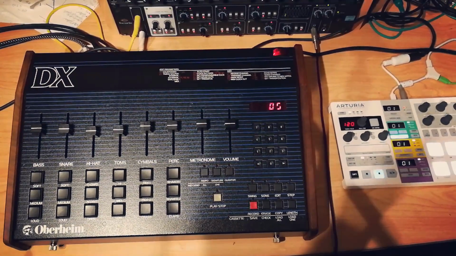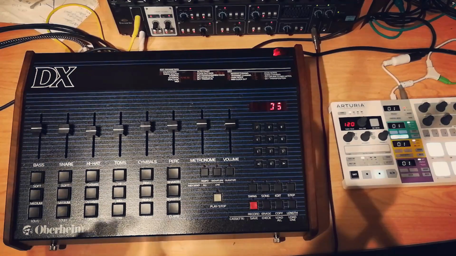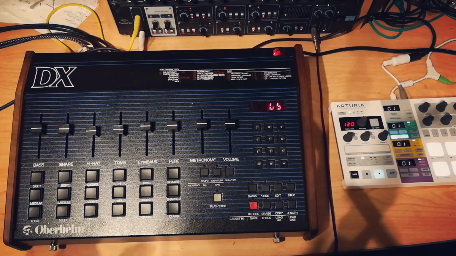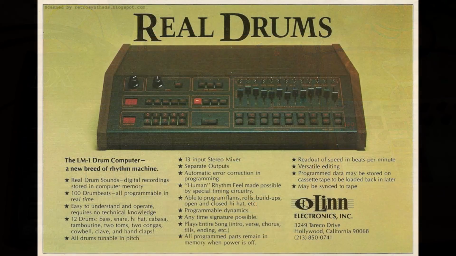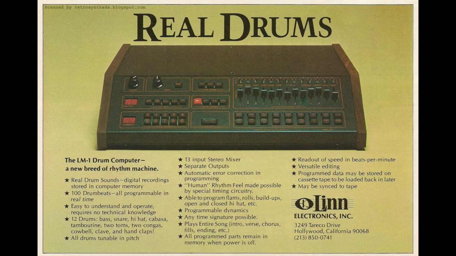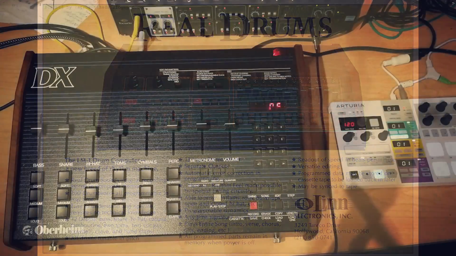But that's not it. You can tune these, which is what makes this Oberheim DX and the Linn Drum that came before it, which was the first commercially available digital drum machine, so cool. I'll just do some tuning on the kick so you can hear what I mean.